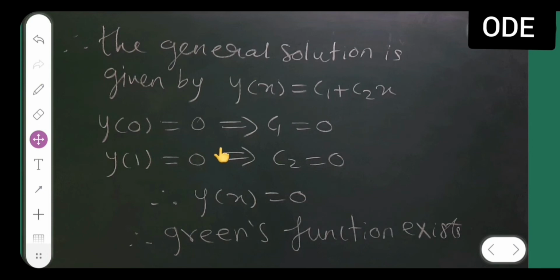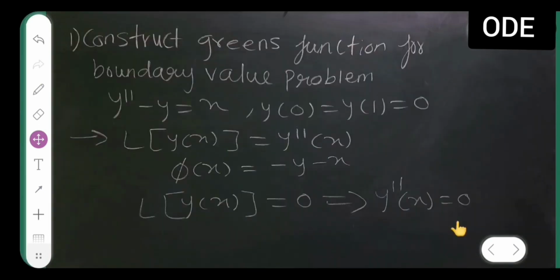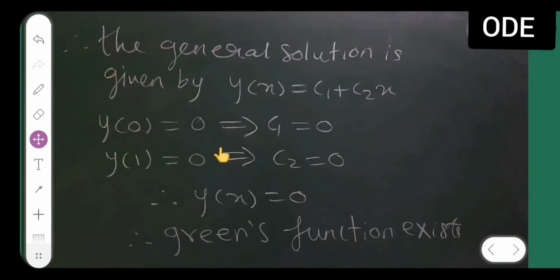Y of 0 is equal to 0. I have taken these boundary conditions from here: y of 0 is equal to 0 and y of 1 is equal to 0. Now y of 0 is equal to 0 implies nothing but c1 is equal to 0. That means in c1 plus c2 of x, wherever there is x I have to put 0.